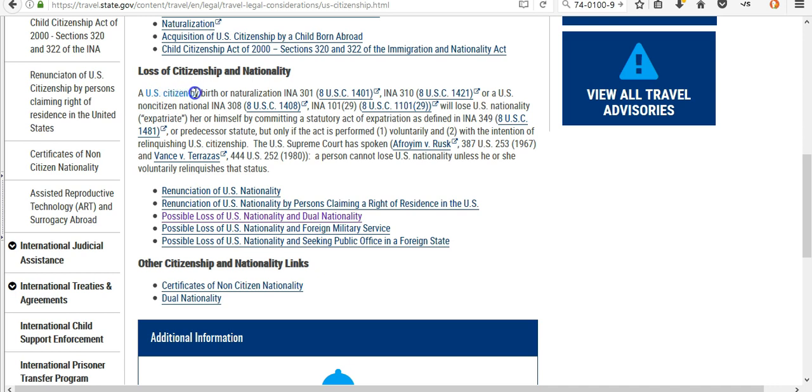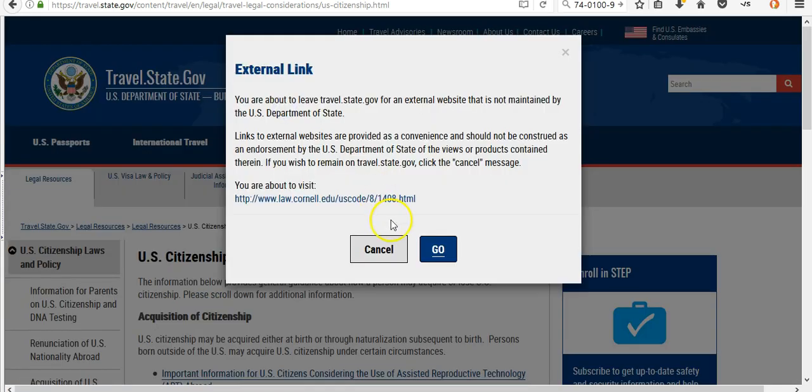So that means we have two categories. We have the standard U.S. citizen, which the majority of the country is under, and then we have the U.S. non-citizen national. I'm curious to see what that is real quick.